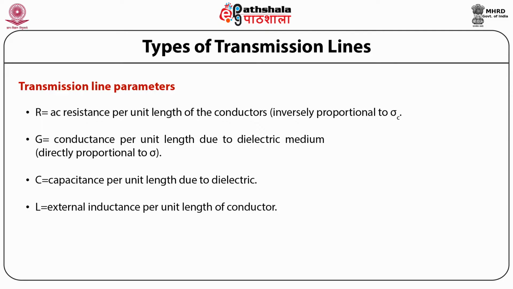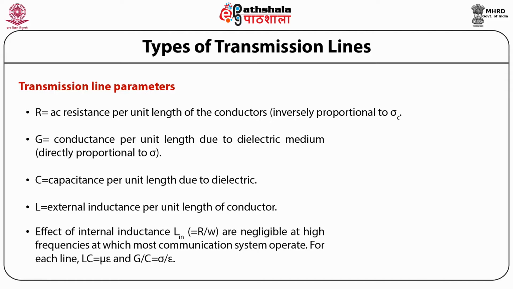L is the external inductance per unit length of the conductor. The effect of internal inductance L in is negligible at high frequencies at which most communication systems operate. So for each line, LC equal to mu epsilon and G by C equal to sigma by epsilon.